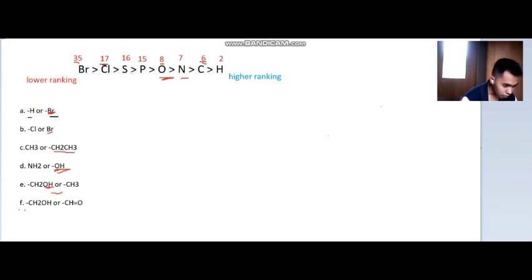Even if this is just a structure, we can see that this is a CH bonded with a double bond to oxygen. So with these two oxygens combined, CH double bond O ranks higher than CH2OH.